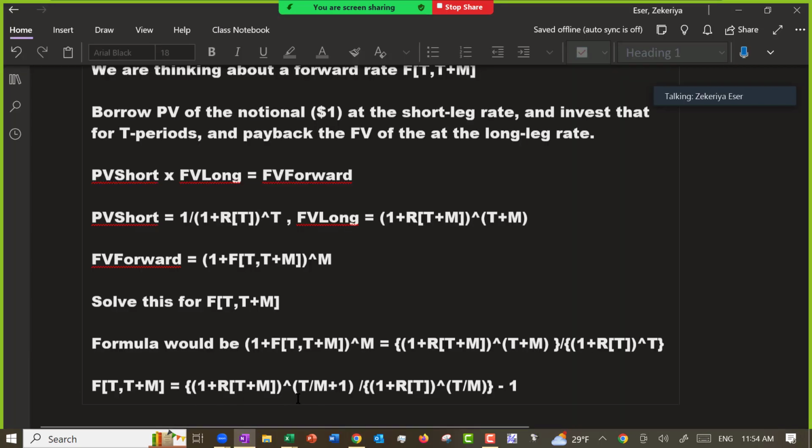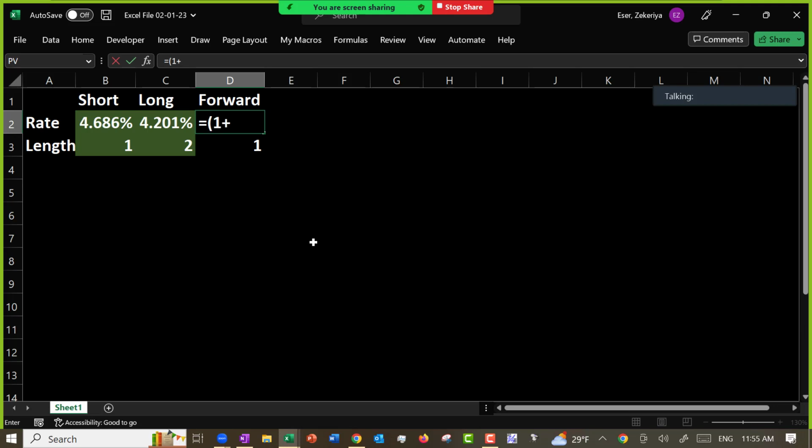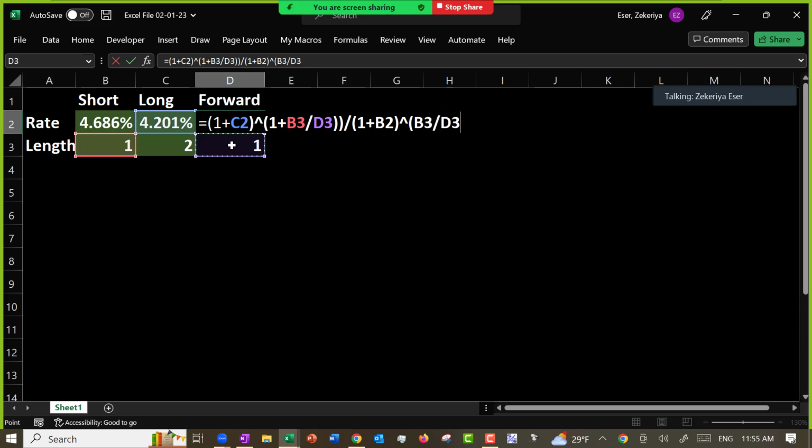So (1 plus long) raised to the power (1 plus T over M), where T is the short and M is the length of the forwards, divided by (1 plus short) raised to the power T over M, and the whole thing minus 1.